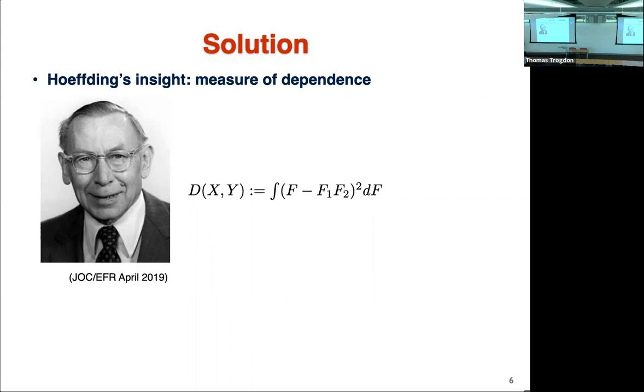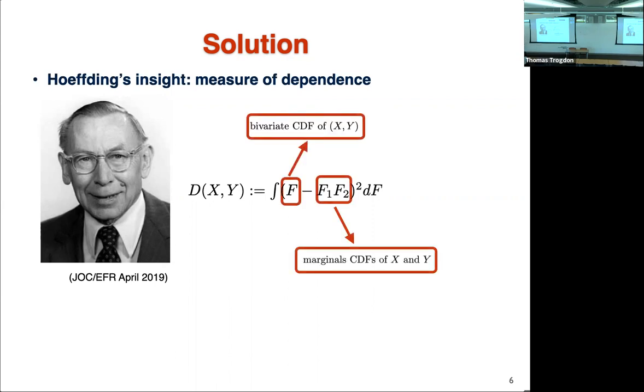Here capital F is the bivariate CDF, F1 and F2 are the marginal CDFs, and he just measured what we call the L2 distance between the population bivariate CDF and the product of the marginal CDFs. So this is his dependence measure.